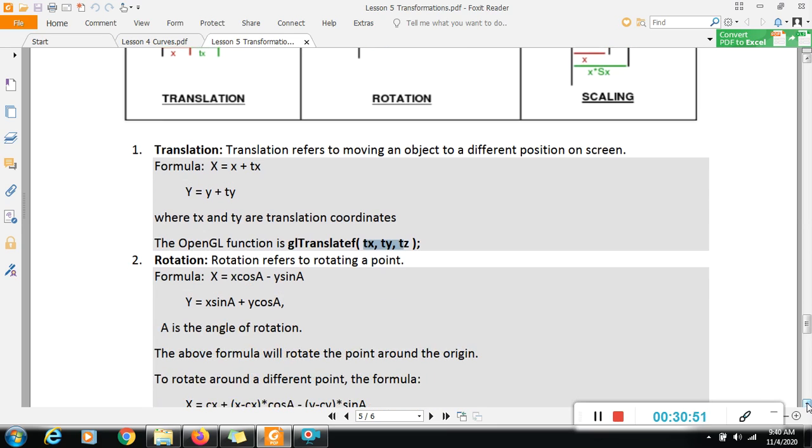Rotation refers to rotating a point, and here we use angles. A little bit of trigonometry will come into action, even in the Cartesian coordinates.